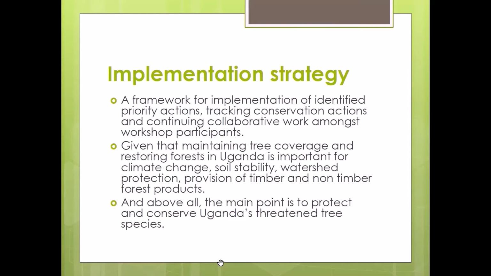And above all, the main point here is to protect and conserve Uganda's threatened tree species. So I think that's the end of my slide. Thank you for your attention.